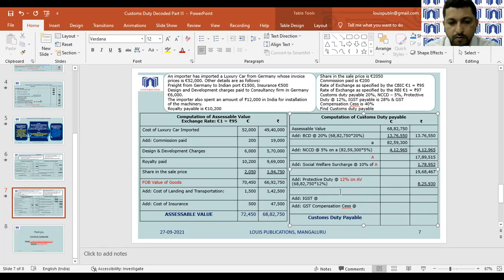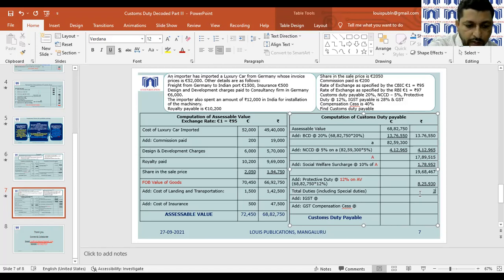We can call it total duties, in bracket I write including special duties. So we add up: 8,25,930 plus 19,68,467.